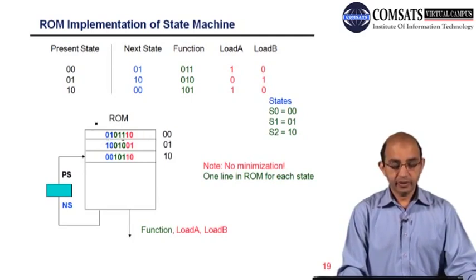Now we have the instructions in ones and zeros so that the computer can understand, and these are the instructions we normally have in our ROM, read-only memory. This is the second word, and it includes the next state, function, and the loading of A and B. So we have combined them.